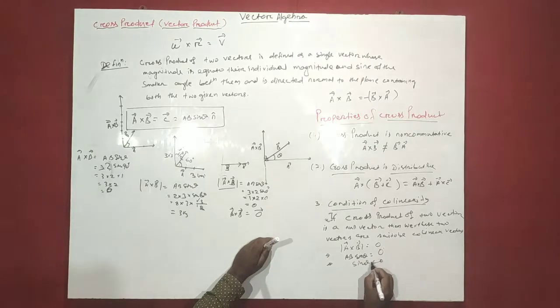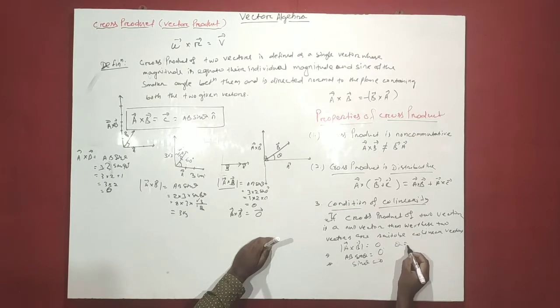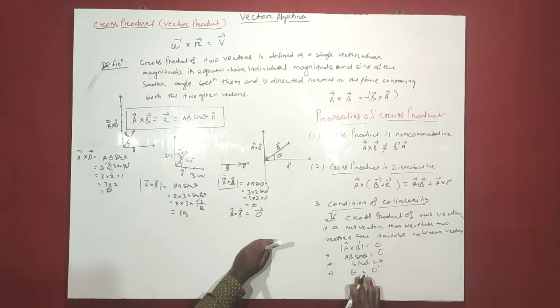Sin theta is equal to 0, so theta is equal to 0 degree. That proves that the angle between the two vectors is 0 degree, so they are collinear. Theta may be 0 degree or theta may also be equal to 180 degree, because sin 180 degree is also 0 and sin 0 degree is also 0.